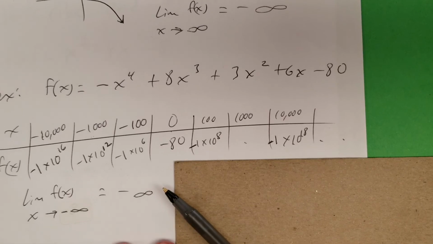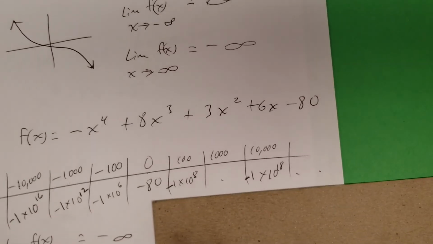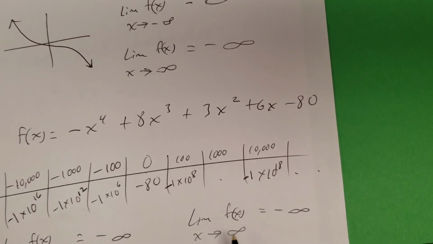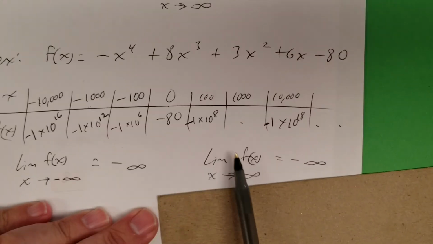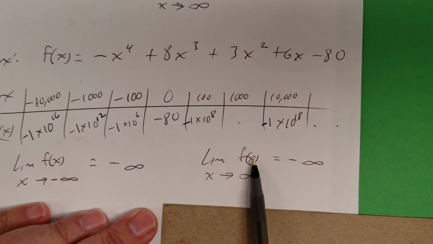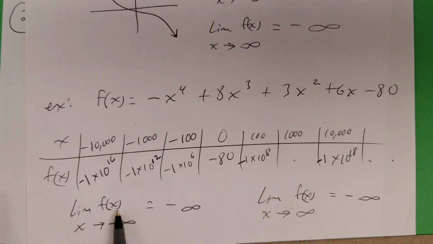How about the other direction? As we go to the right, does it go down? Yes, it does, actually. This does the same thing. So it goes down. As x goes to positive infinity, my function, my graph, goes down to -infinity. And here I'm saying as x goes to the left, negative infinity, my graph goes down.